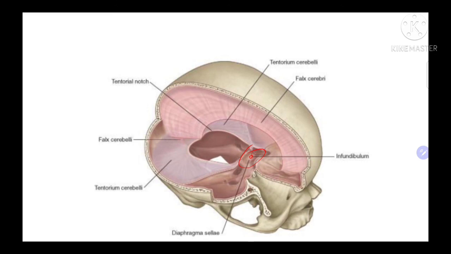There's no cover from the diaphragma sellae there. This plate extends all over horizontal, and it's attached posteriorly to the superior border of the sella turcica and anteriorly to the posterior lip of the optic canal.